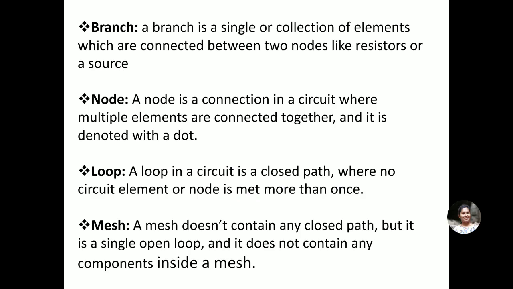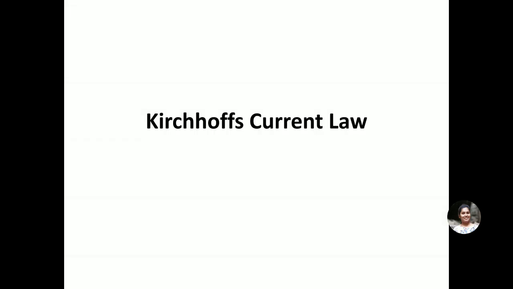Whereas when we are connecting an ammeter for measurement of current, that ammeter should be connected in series. So the other two points to keep in mind for measurement of voltage or current are that a voltmeter should always be connected in parallel, whereas an ammeter should always be connected in series.